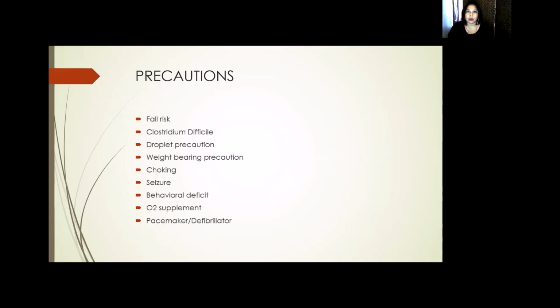But it is important for you to know if the patient has a weight-bearing precaution, so that when you're transferring or standing the patient, you know whether the patient can put full weight, half of the weight, or just toe touch on one, two, or both of the extremities. So you have to look at the precautions before you treat the patient.